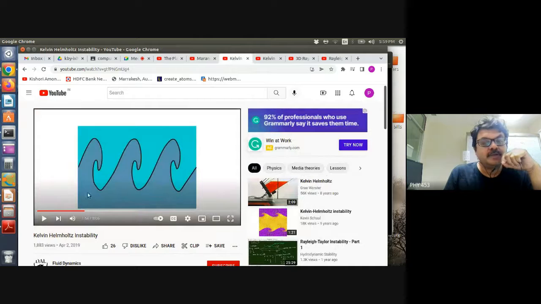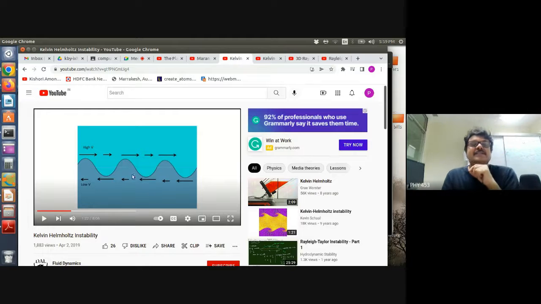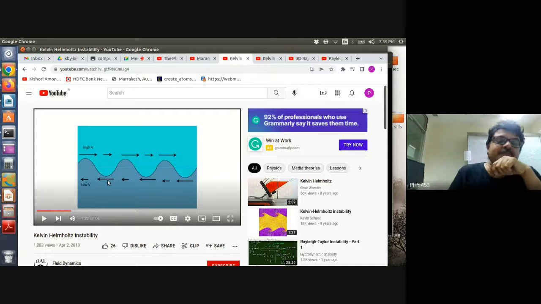So, Kelvin-Helmholtz instability. In this case, essentially what you have is a fluid of lower density, say air, on the sea surface, water, or some other fluid which is of a higher density, and the two are flowing in opposite directions, or at least flowing with different speeds relative to the other.